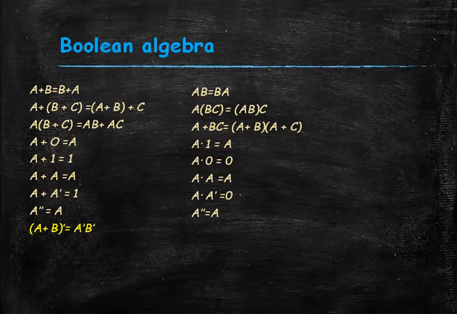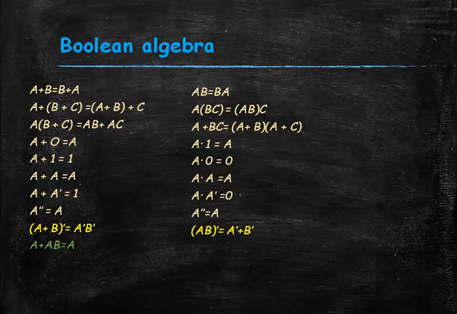It is the De Morgan's theorem. First one, A or B all bar equal to A bar and B bar, and its dual theorem, the second one, AB all bar is equal to A bar or B bar.